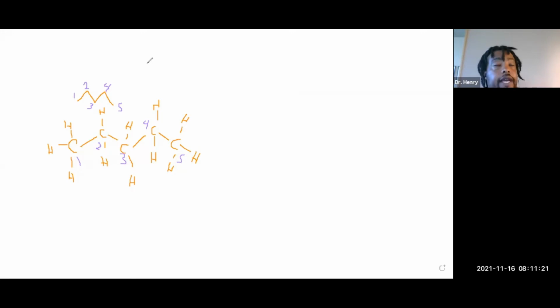So in the case of a double bond, double bonds are considered to be unsaturated because they're not saturated with hydrogens.